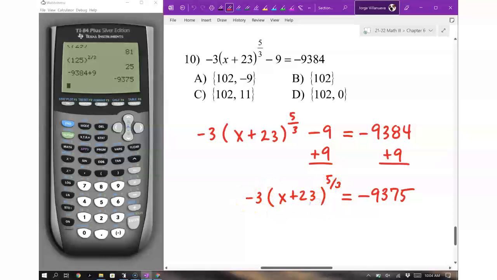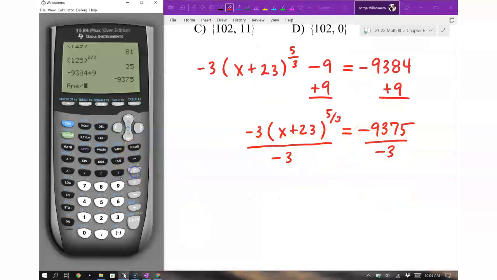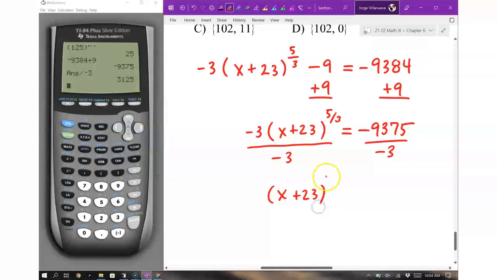What do I do next? All right, divide by -3. So -3. So let me put divided by -3. I get 3,125. So that's (x plus 23) to the 5/3 equals 3,125.